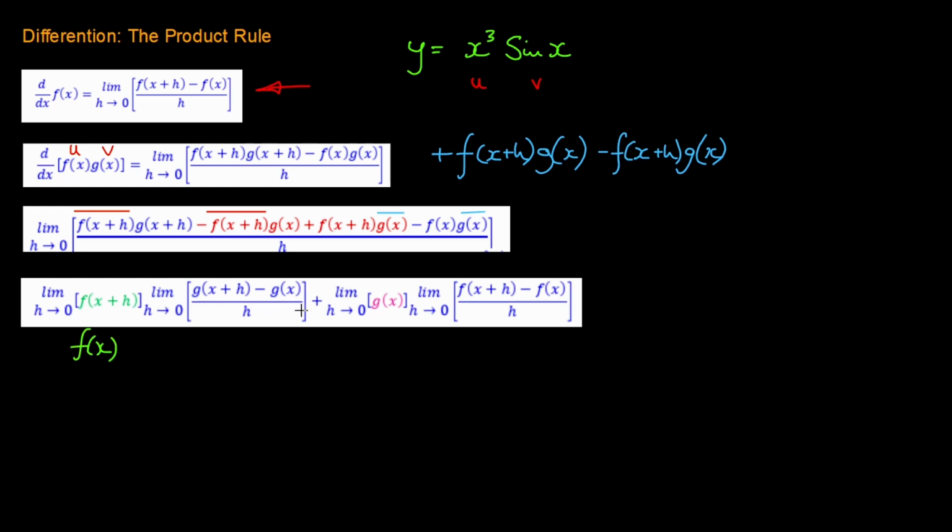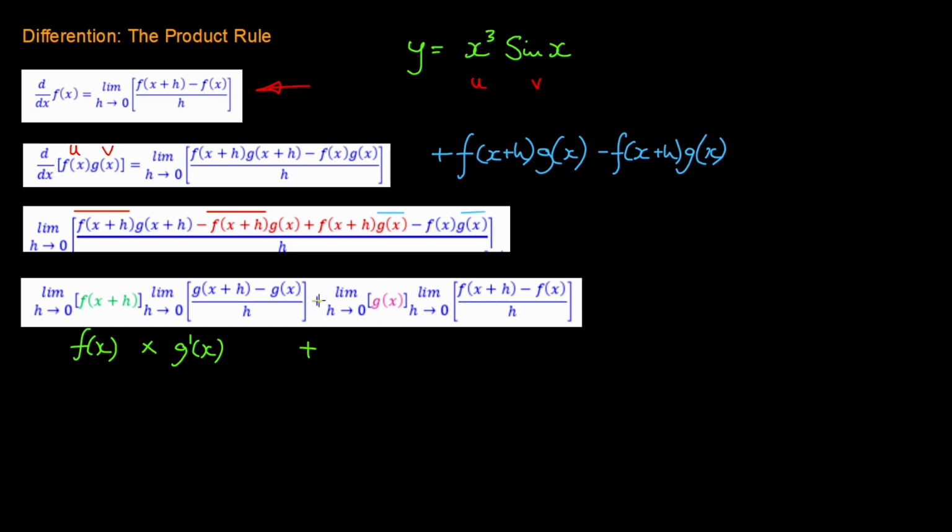And this term here, the limit as h goes to 0 of g(x+h) minus g(x) over h, if you compare that with our definition of differentiation from first principles, this is just the differential of g(x). So this will be g'(x), multiplied together.